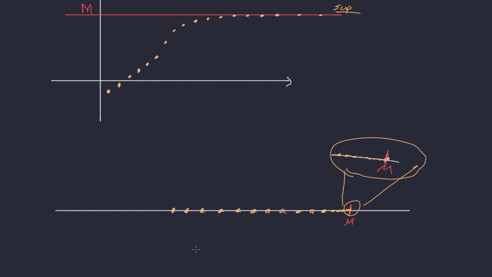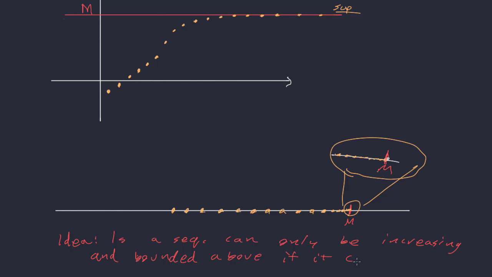All right, so again, the only way you can be both bounded and monotone is if you're converging to that least upper bound. So the idea is a sequence can only be increasing and bounded above if it converges.